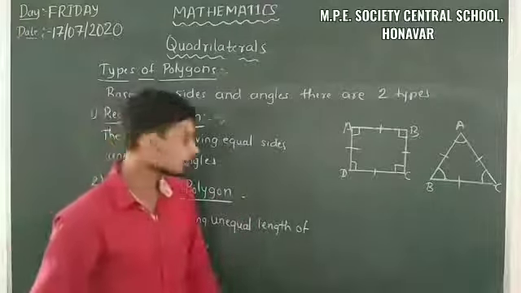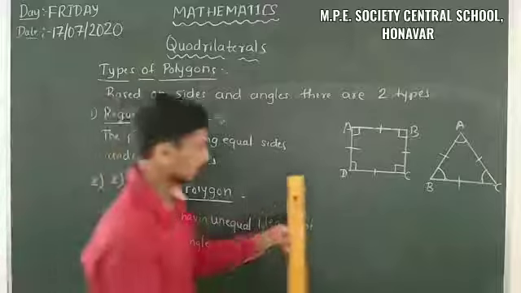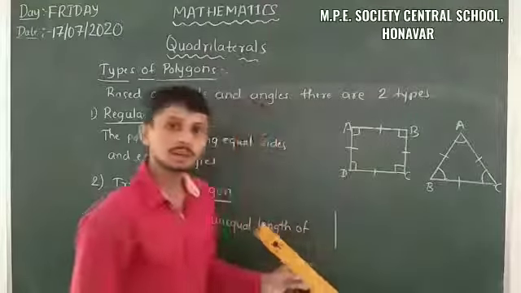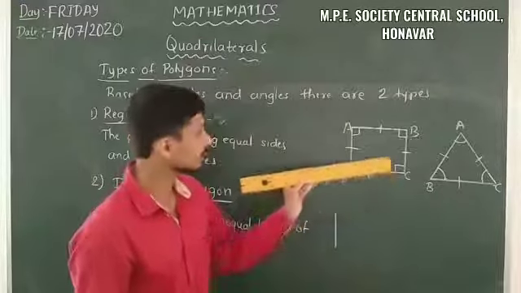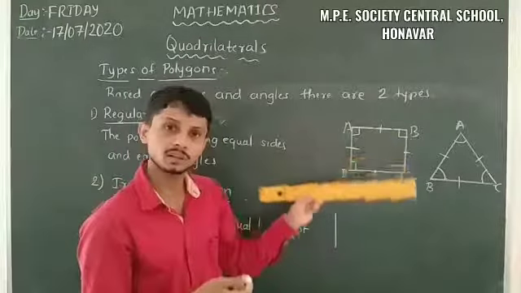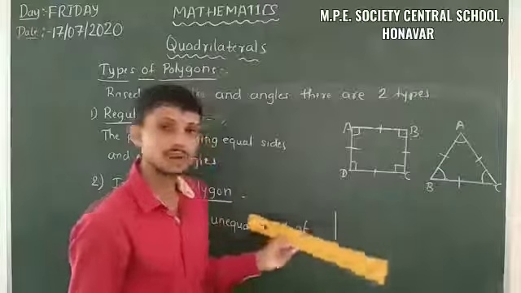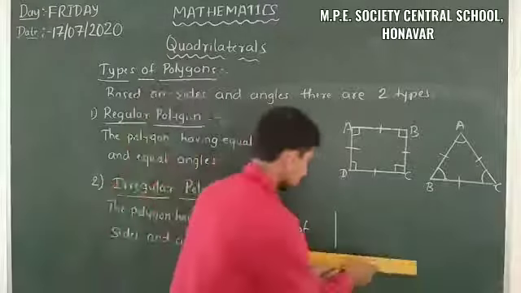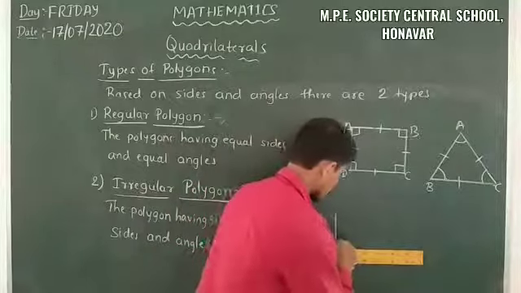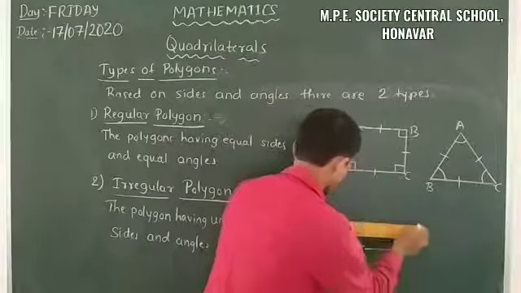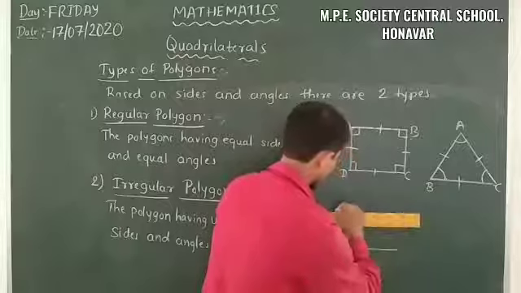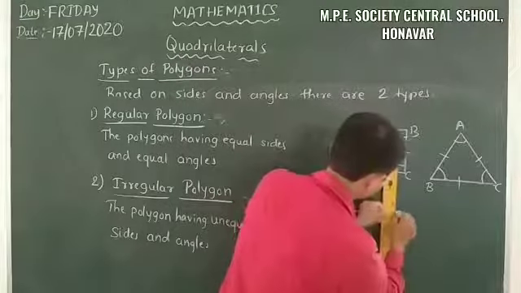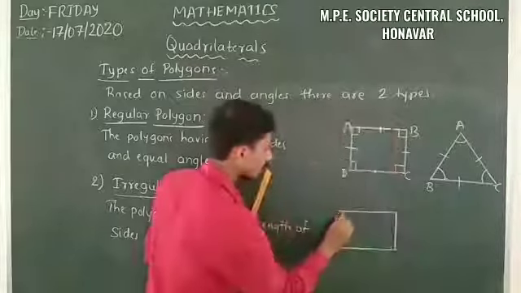So we have to draw an irregular polygon here. What is an example of an irregular polygon? We already know about the square and equilateral triangle. Here we take a rectangle.